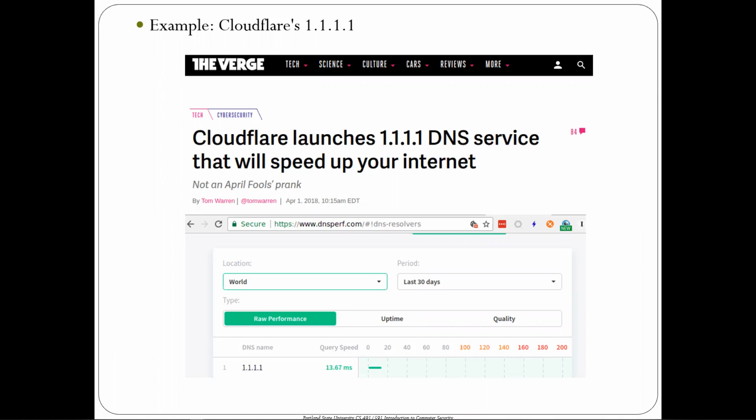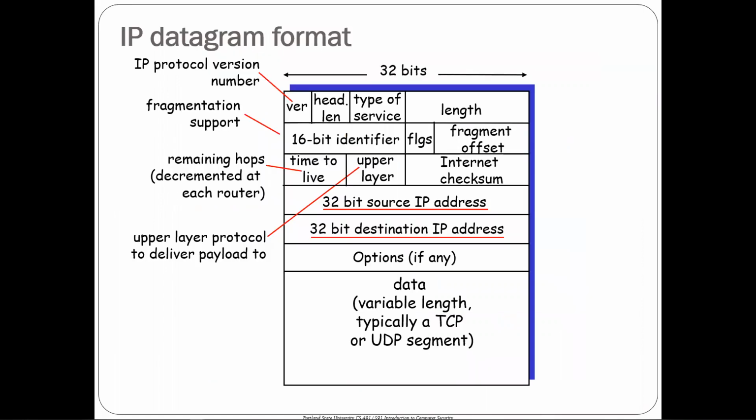Okay. This is a picture of the datagram, with a version number. The things that I want to talk about are this set of headers, the fragmentation support, the upper layer, which is where you deliver this IP packet to when it hits the destination, and then the source IP and the destination IP addresses are what we're going to look at.